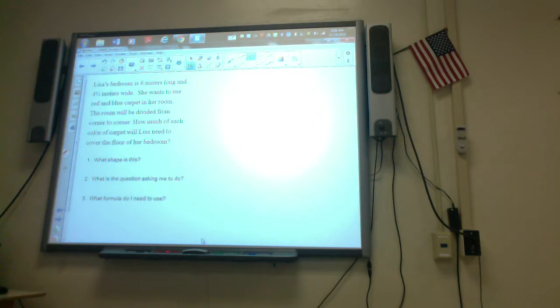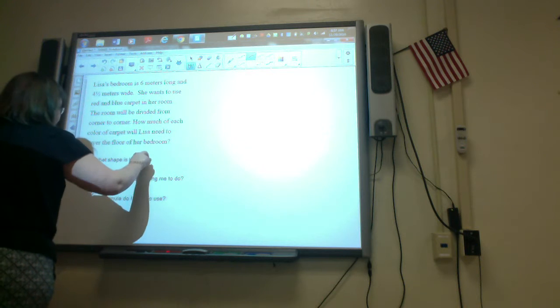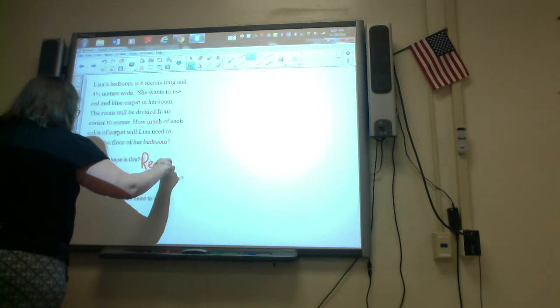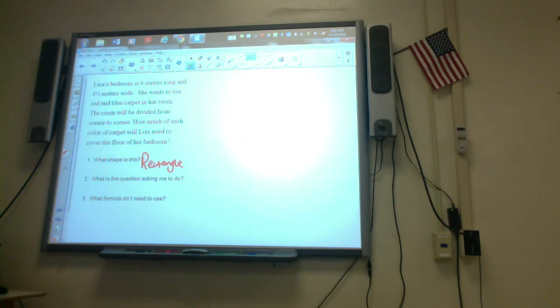All right, so let's start with our 3 questions. What shape is this? It's a rectangle because her room's a rectangle. What's this question asking me to do? This is where you answer perimeter, area, volume, distance, one of your math terms.